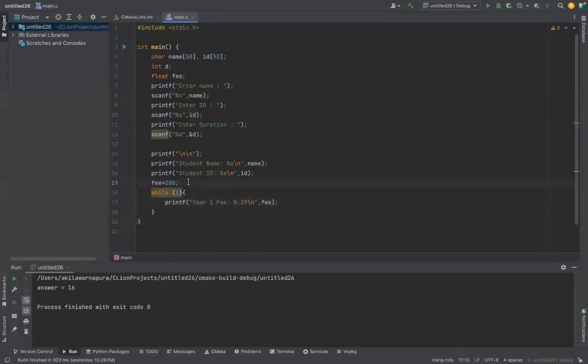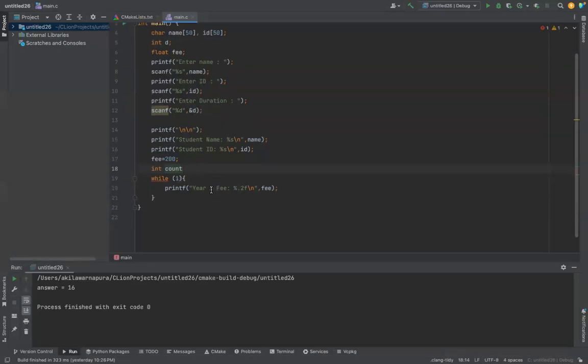Therefore, I declare another variable called count. Or otherwise, you can declare the variable here also, int count. Initially, count should start from 1, therefore I put this as 1.